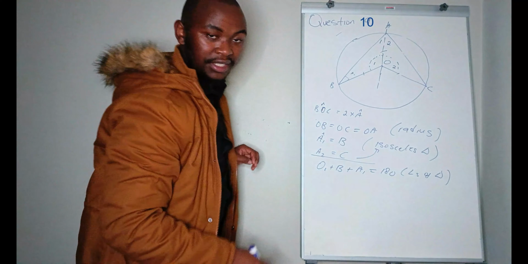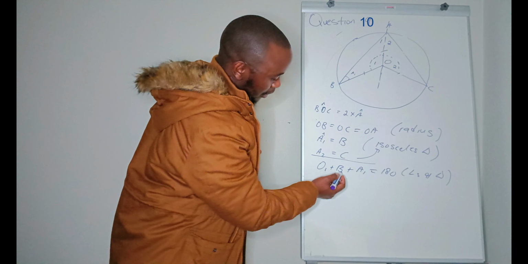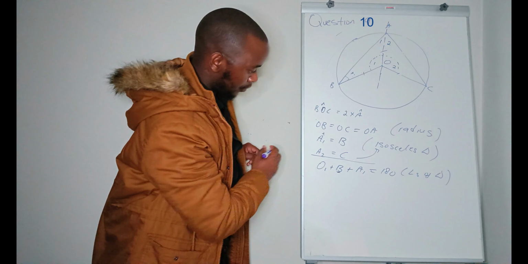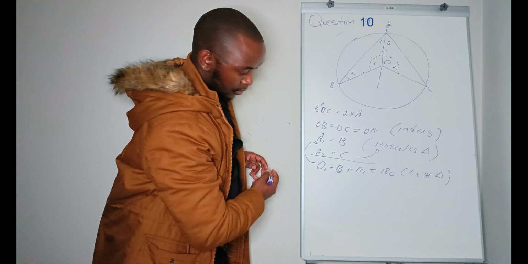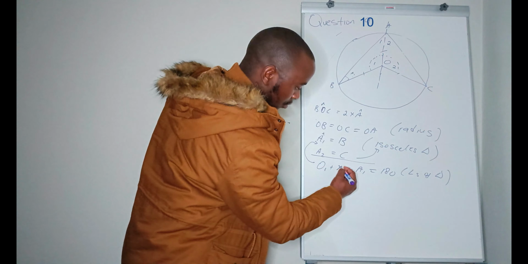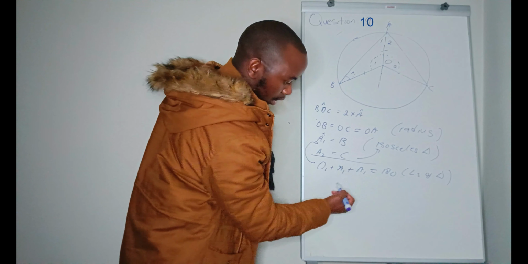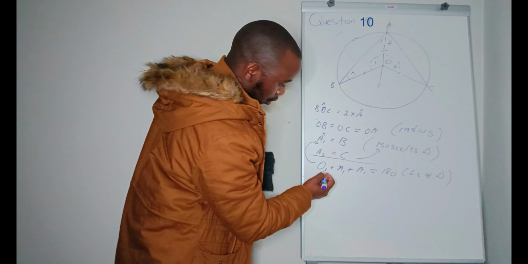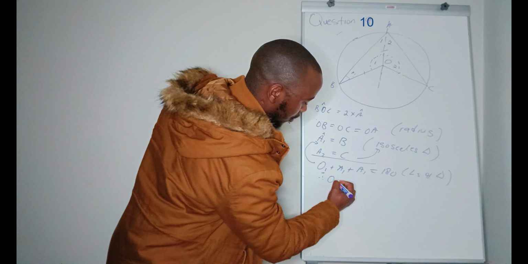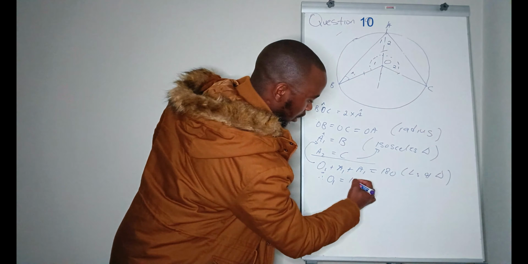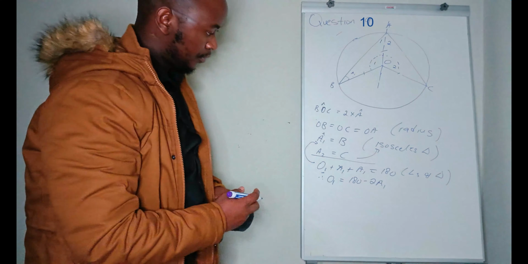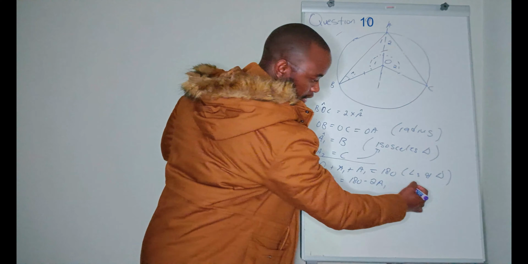That should equal 180. You can complete the statement, but what we remember here is that B, we said, is equal to A1. You remember? So we substitute A1 in there, and we have A1 plus A1. So therefore O1 is equal to 180 minus 2A1. That's our first equation.